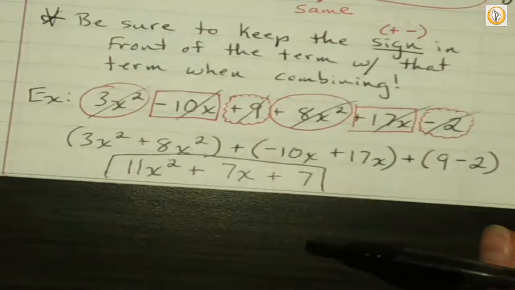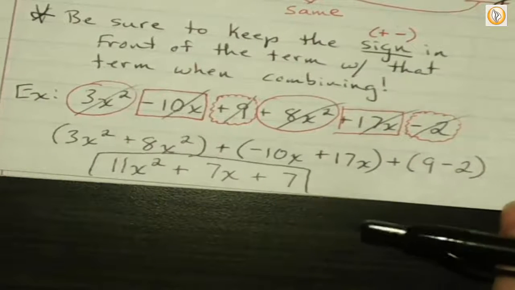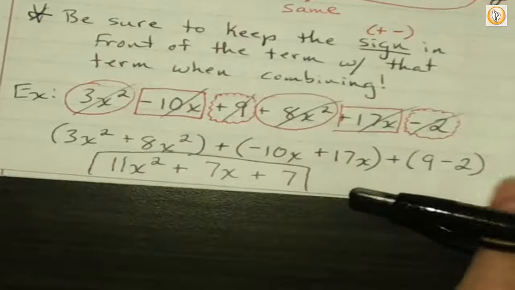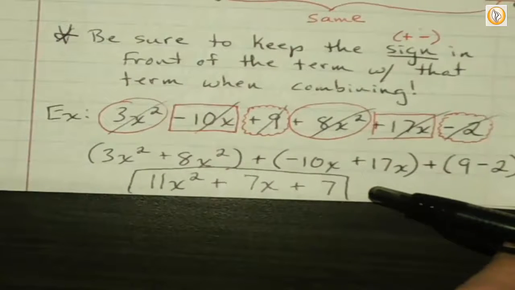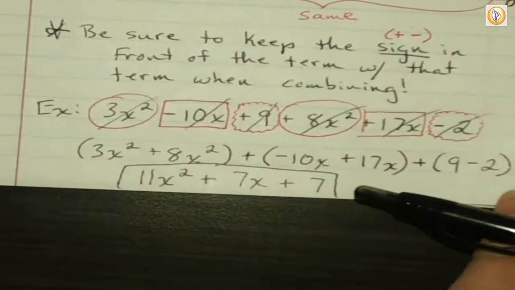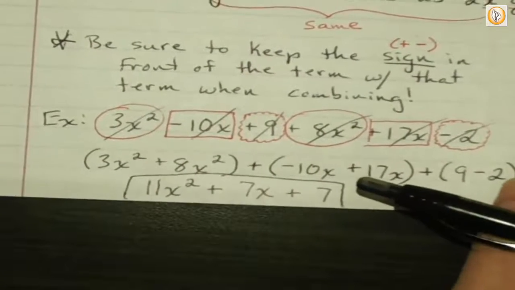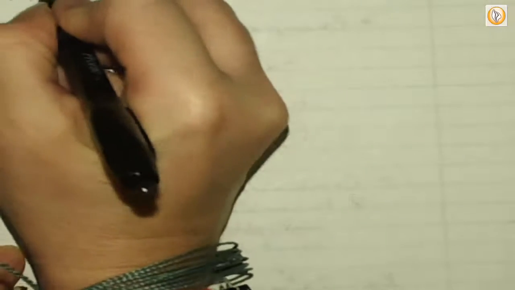Does everyone have this? Are there any questions? Izzy, do you have it down? Any questions about this? All right. Open up your books to page 598.